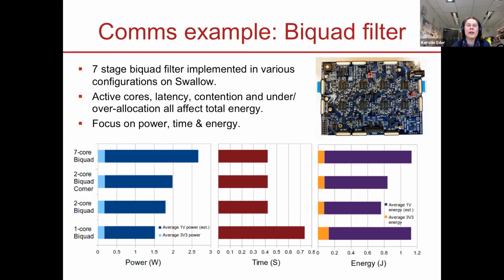That's an interesting observation. And then if I've got 2 cores used, one with 3 threads, the other with 4, and I decide to distribute them over the corner, or I co-locate them, which is the lower one of the 2-core listings, then we can see that the extra communication cost is visible by the extra power in the blue bars.